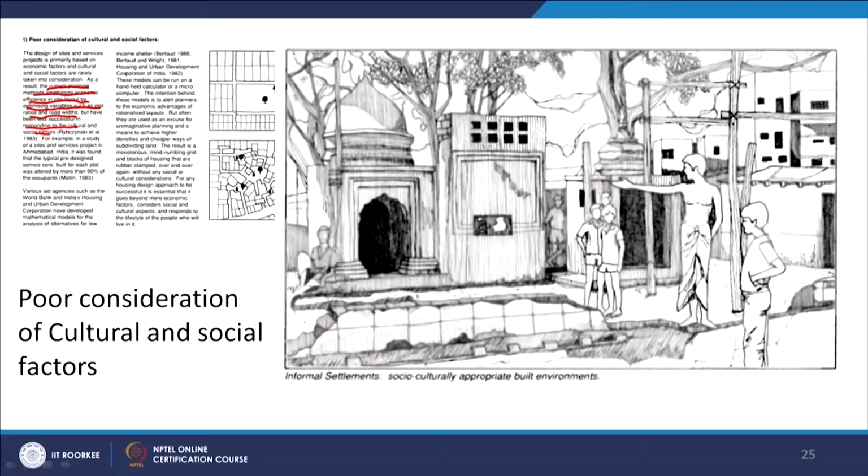Now, these development processes don't address the cultural and social factors in an effective way. Mostly it was observed that 90% of the occupants in the Ahmedabad study areas modified whatever they have been given, right?